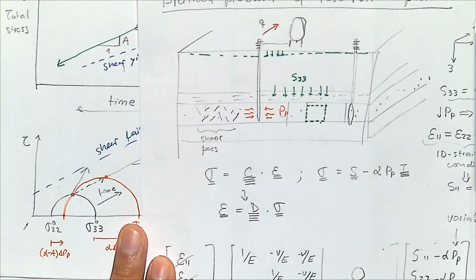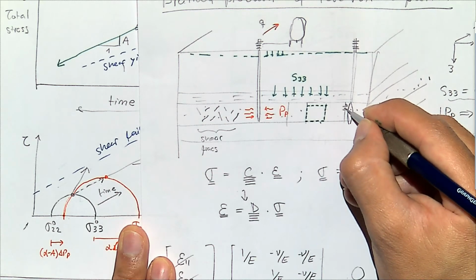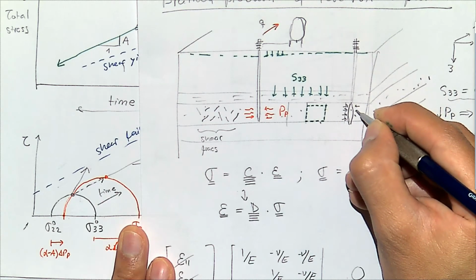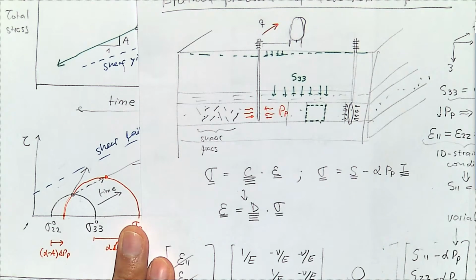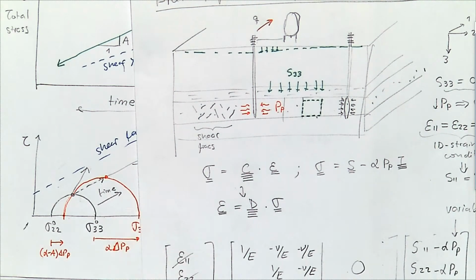As you deplete, stresses are always going to increase in the horizontal direction, and that's going to close your fractures. That's why fractures close when you deplete.